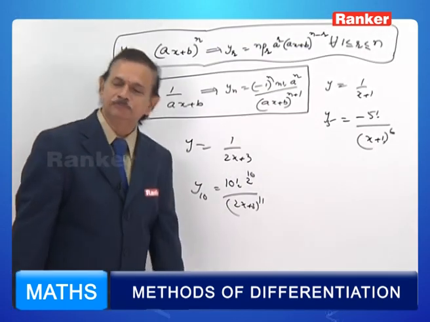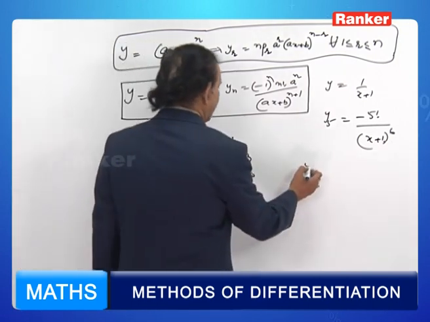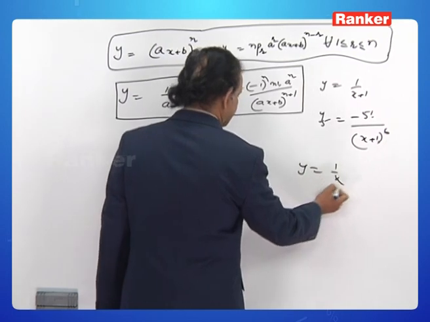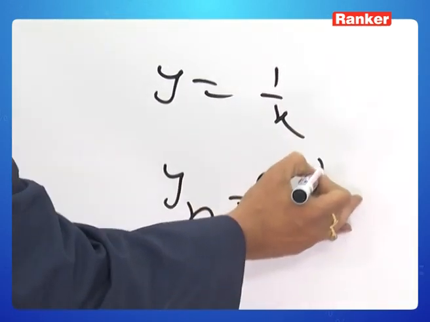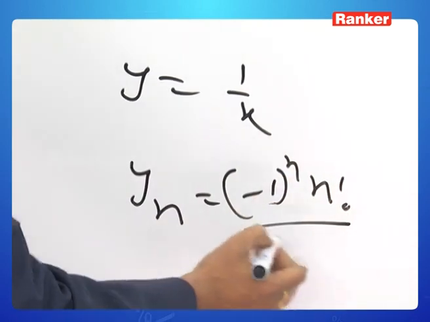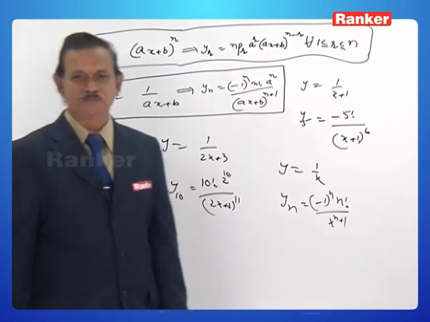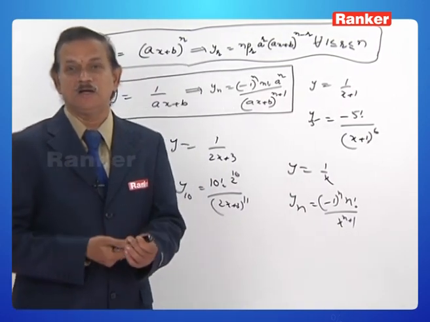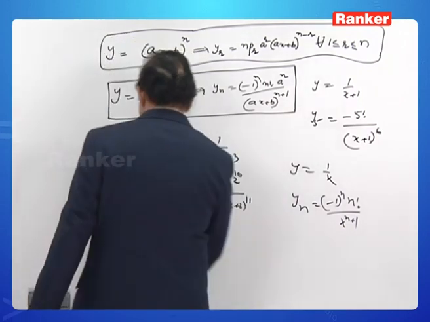Because we have whole power n plus 1 in the denominator. Well, y is simply 1 by x. I want to have yn. What is that? Minus 1 whole power n into n factorial by x to the power of n plus 1. That is a very simple and straight application of that formula. It's a beautiful result, the second result from successive derivatives. Next, the third one.